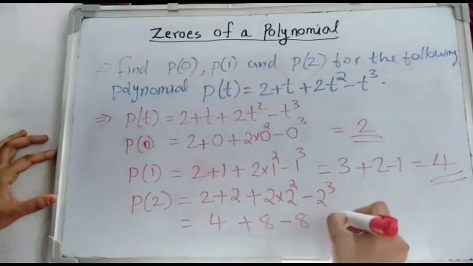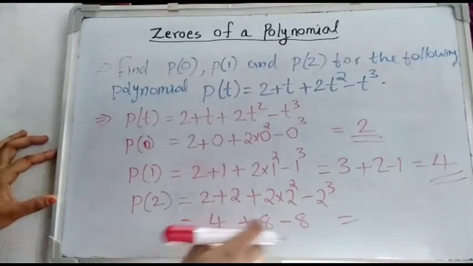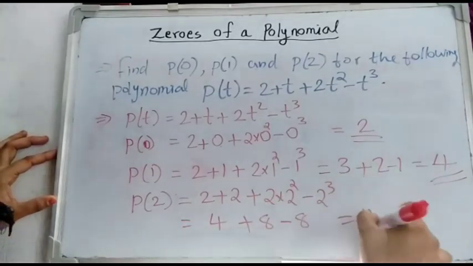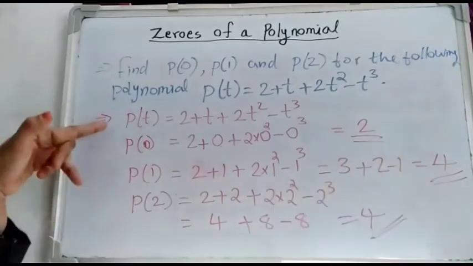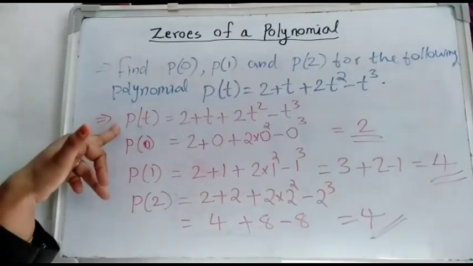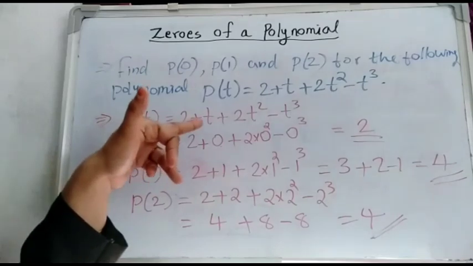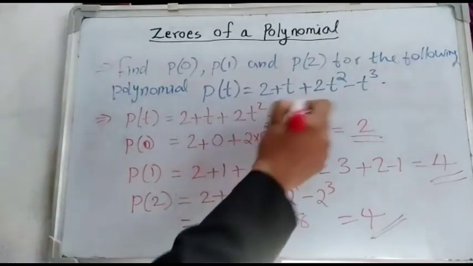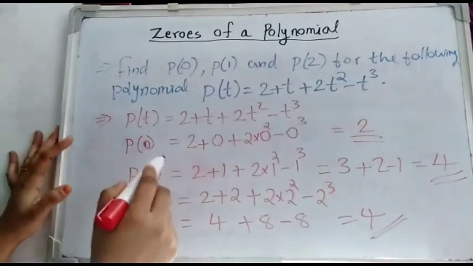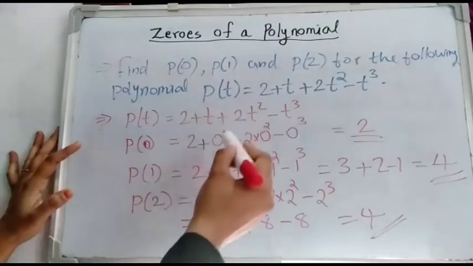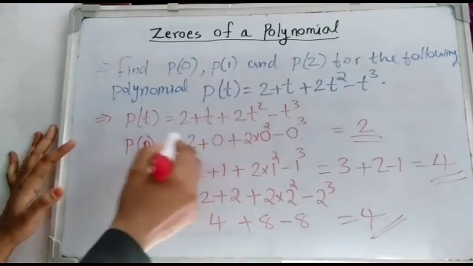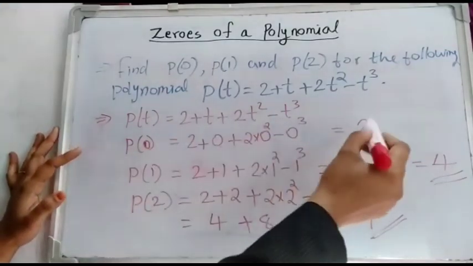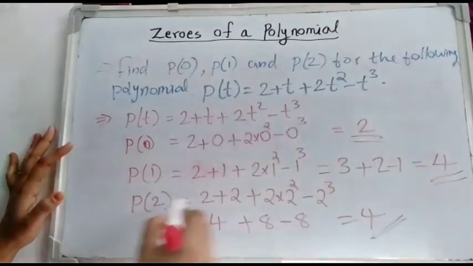That is 8 minus 8, 0, then 4. So, we have a polynomial P of t is equal to 2 plus t plus 2t square minus t cube, and we found that the value of P of t at 0 is 2. P of 1 is 4, P of 2 is 4.